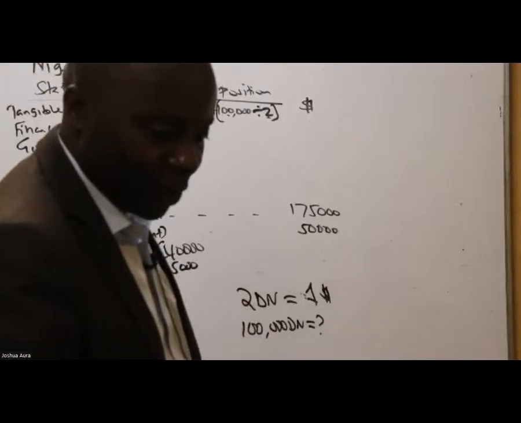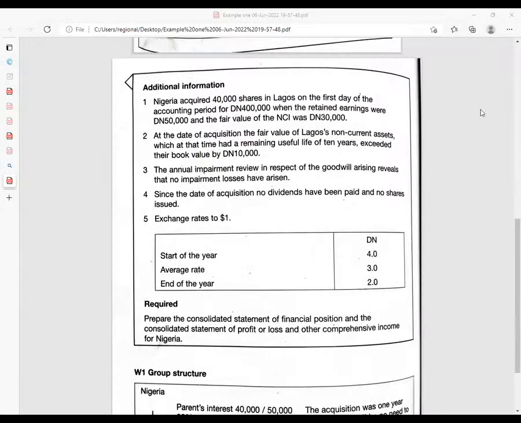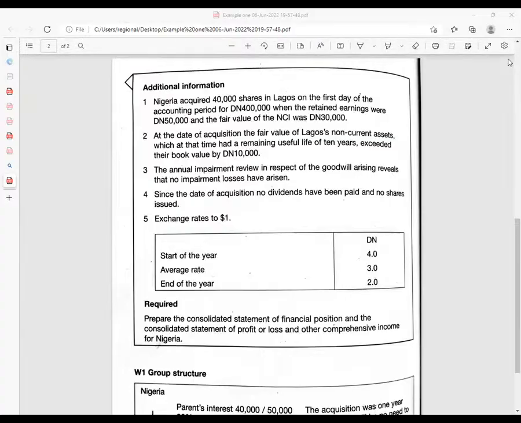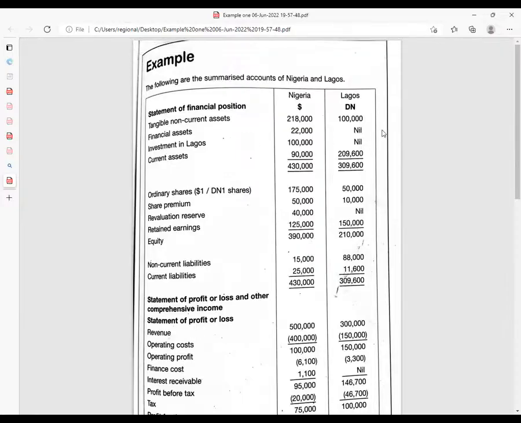The next item, ladies and gentlemen, is the financial assets. This is basically a free mark thing, because it is 22,000 plus 0. I love free marks in group consolidation.